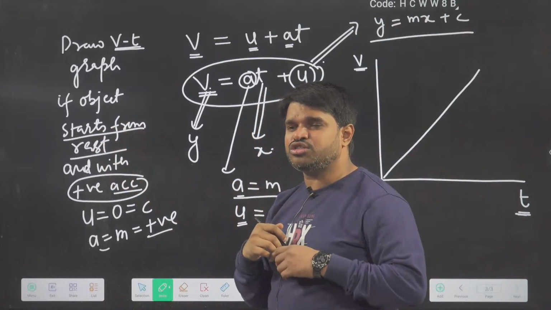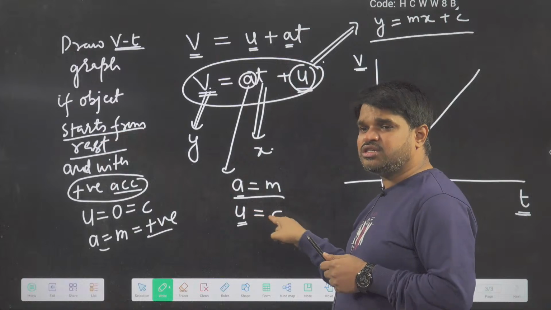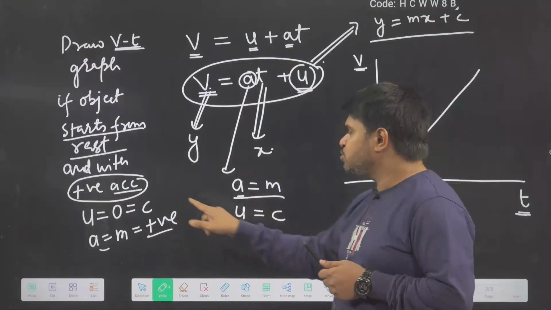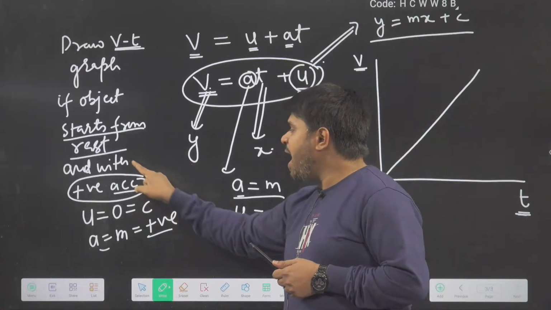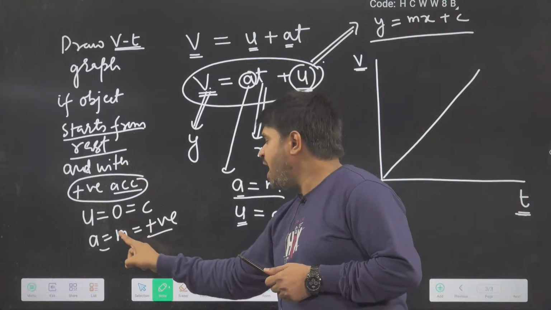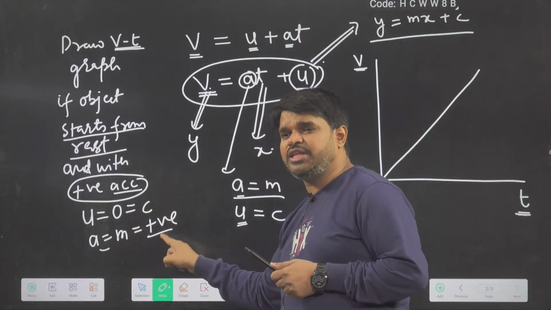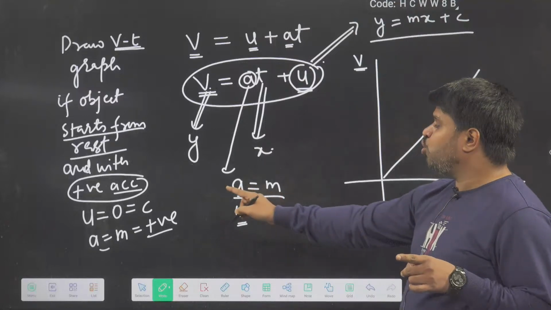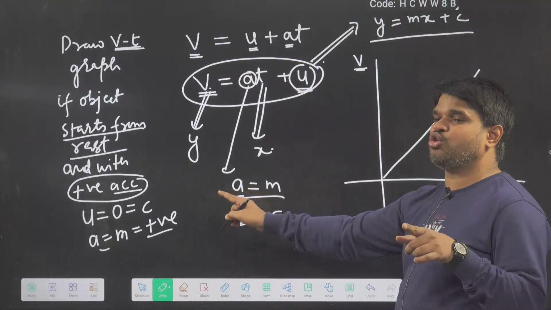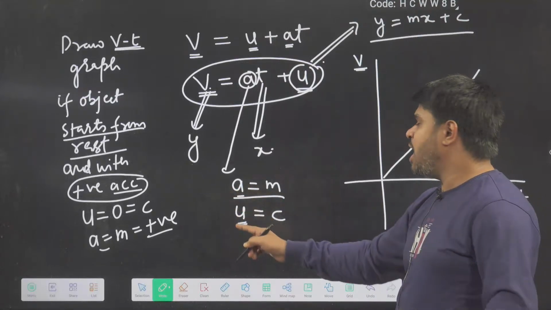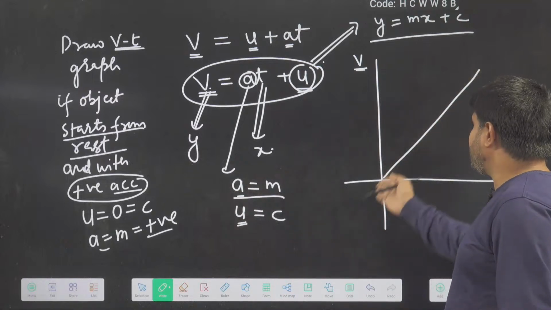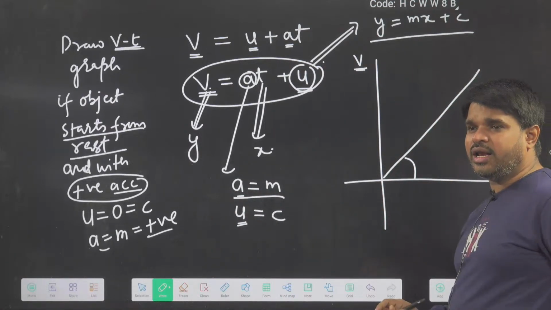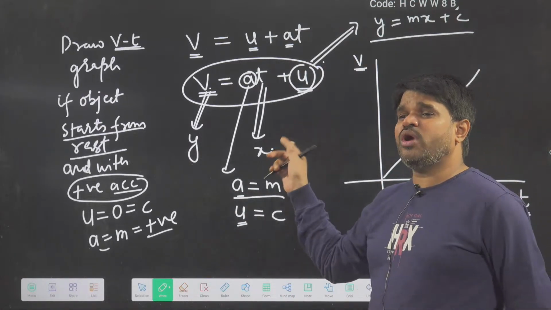Its initial velocity is 0, u is C, so C is 0, and acceleration positive means slope positive. So I have to draw a line whose C value is 0, passing through the origin, with positive slope. Something of this kind, making an acute angle.